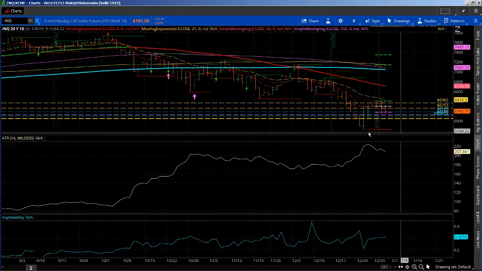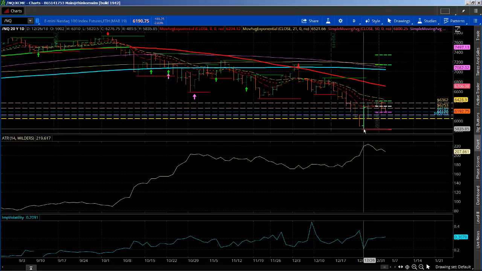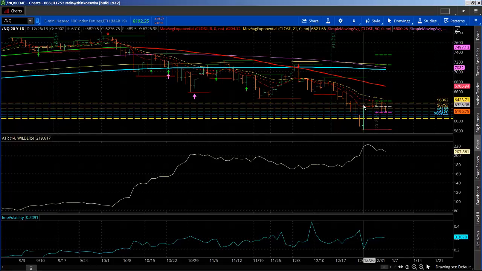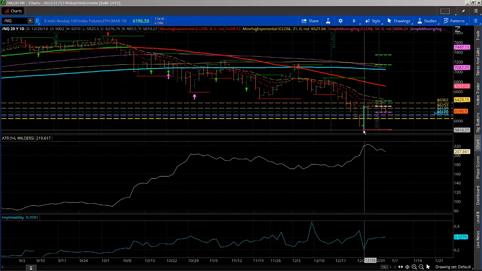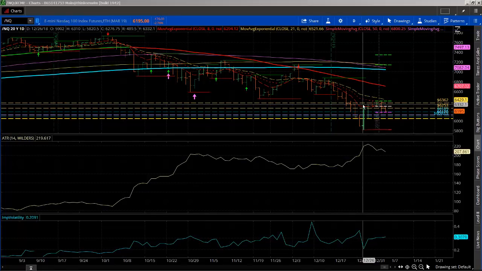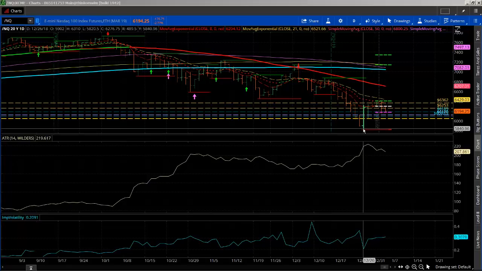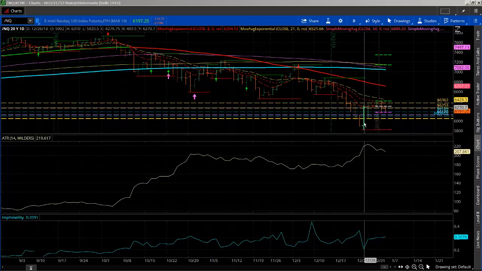This low on the 26th, at 58.35, up to that day's high of 63.21, is around a 470 point move from low to high. That equates to about a $9,400 per contract move. These are huge moves.